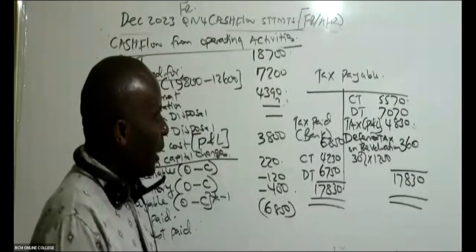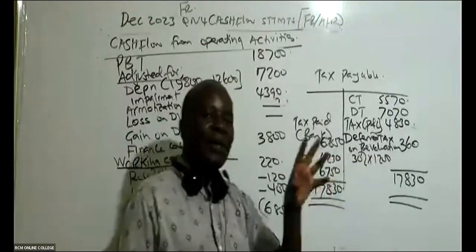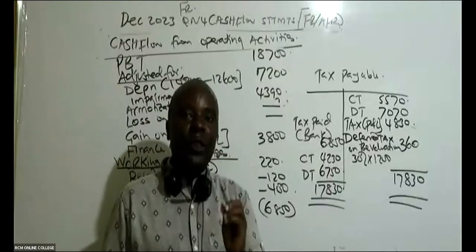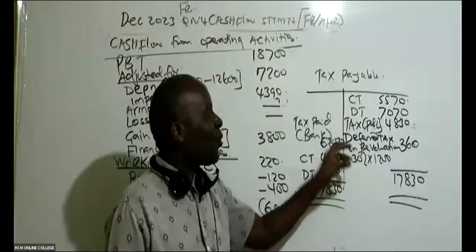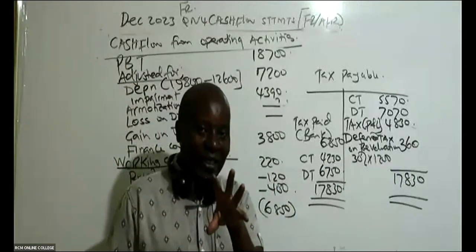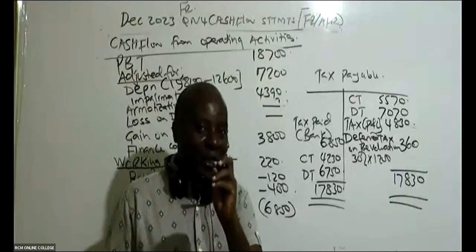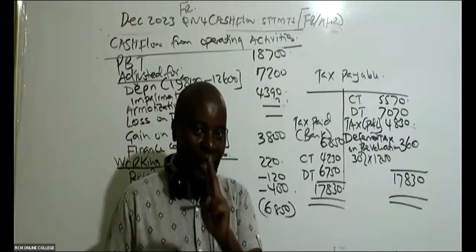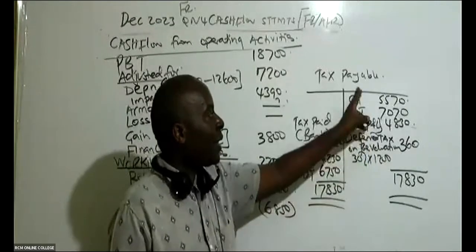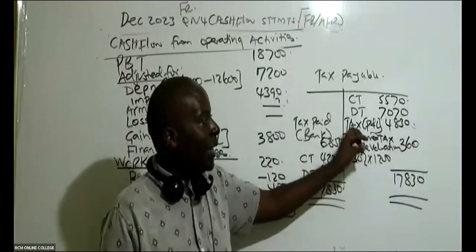Guys, for the number of years I've marked CASNEB exams and taught this CASNEB paper, very few students are able to, first of all, combine the two accounts. Whenever it comes to tax payable, you combine current tax and deferred tax. Then they forget two key things: to increase the tax liability with the current year's tax, so you go to the P&L and pick that.